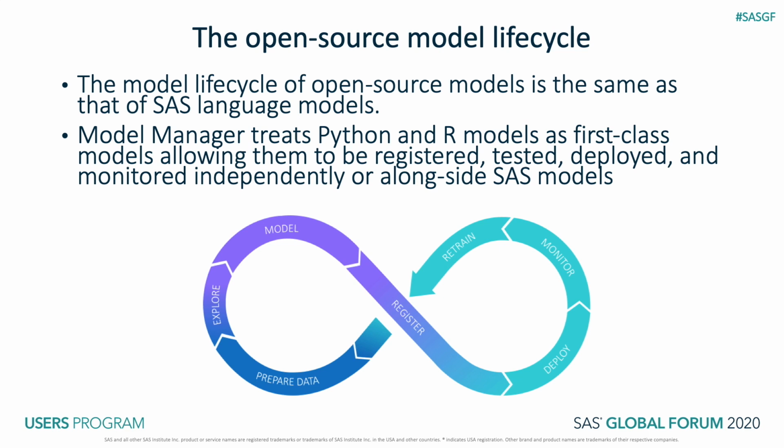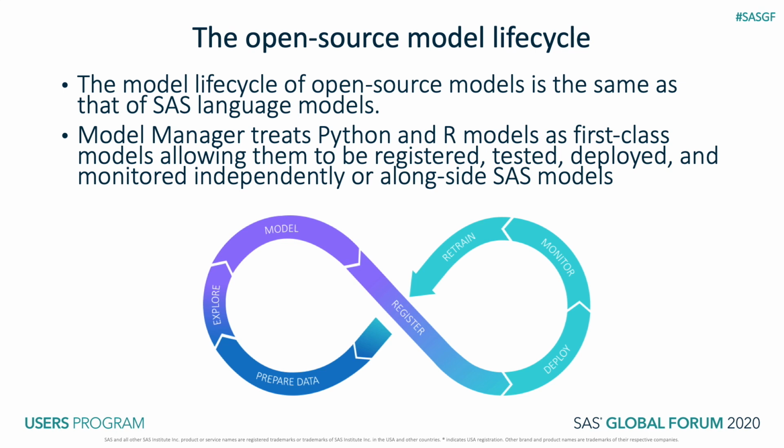Model Manager was designed to track the code and associated analysis. It also supports comparing models, testing model code, deploying models to a production system, and monitoring the performance of the models. Model Manager has always been able to perform these tasks for SAS models.